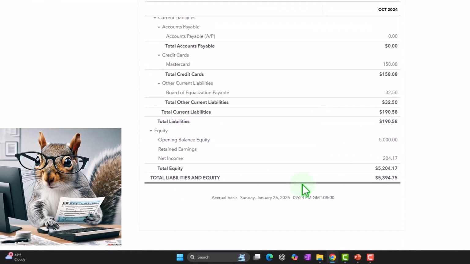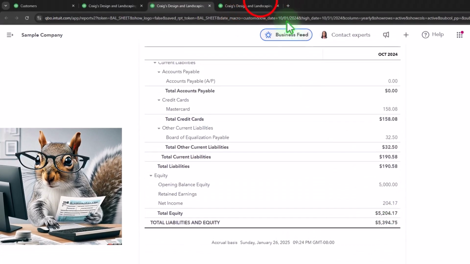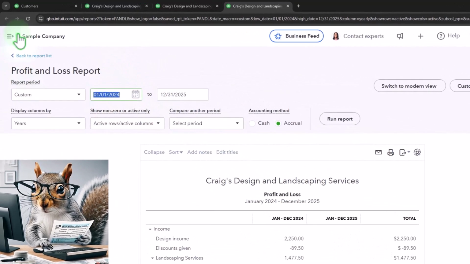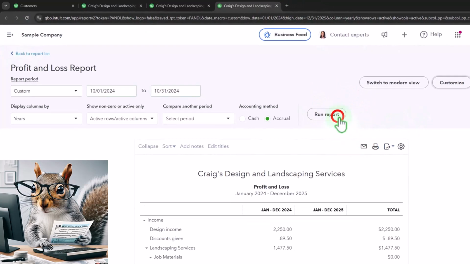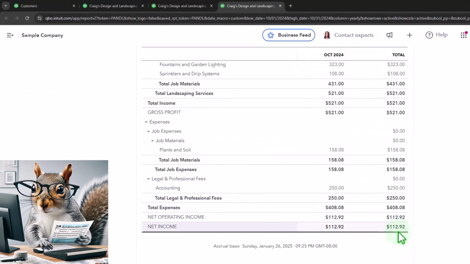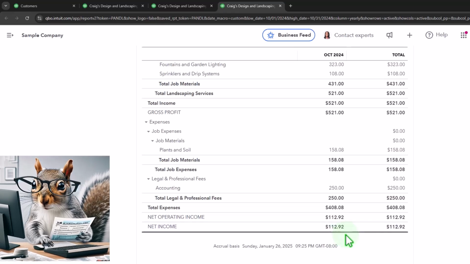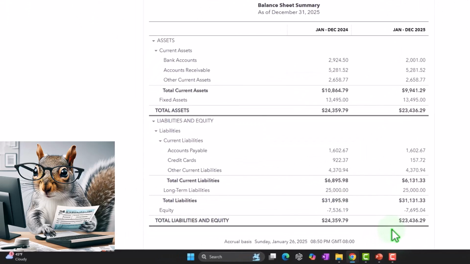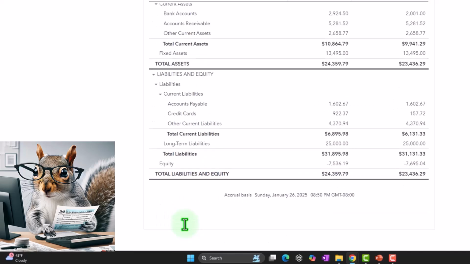And so now we have net income at 204. Let's do the income statement over here from 10/01/24 to 10/31/24. Run that, and the net income is 112.92.